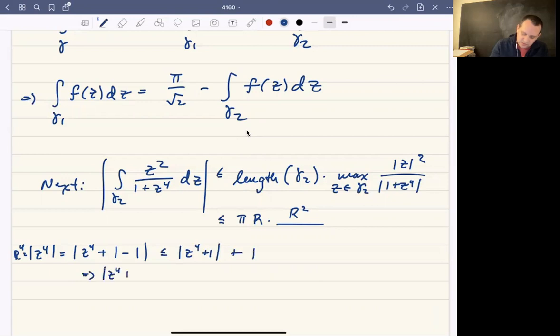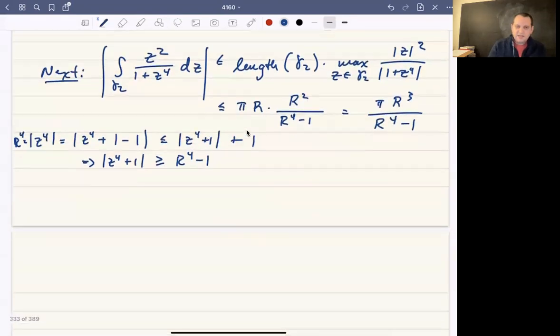So the modulus of z to the fourth plus 1 is greater than or equal to r to the fourth minus 1. And therefore, when you take reciprocals, the inequality flips. We get that this is less than or equal to 1 over r to the fourth minus 1. The point is that this is pi r cubed over r to the fourth, basically. And so that's the value.